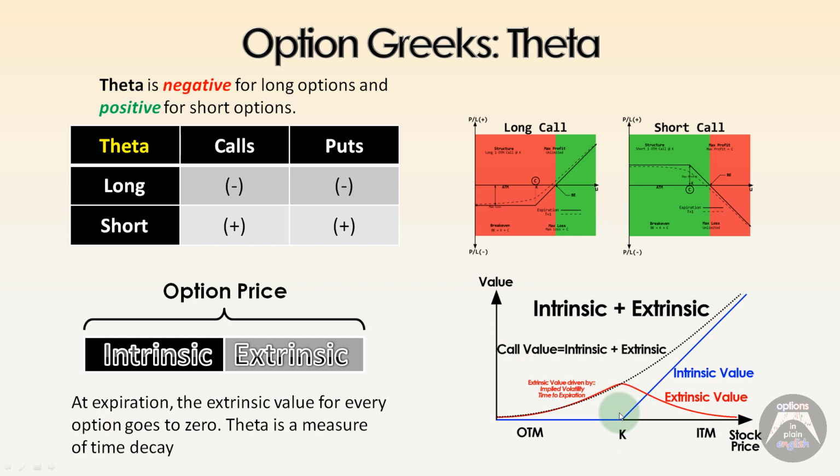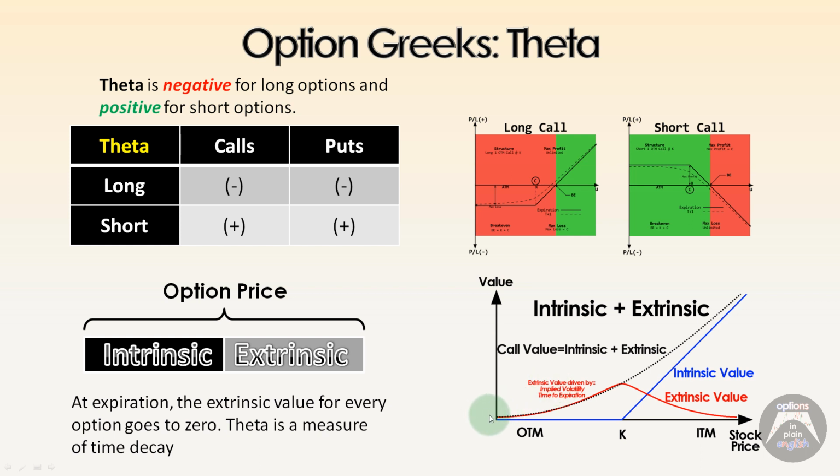So for example, anything below the strike price is only extrinsic value, and as you start going in the money and getting some intrinsic value, this is the extrinsic value, the extra that you get because you have some time until it expires, and this represents the probability or the possibility that you're going to make more profits.